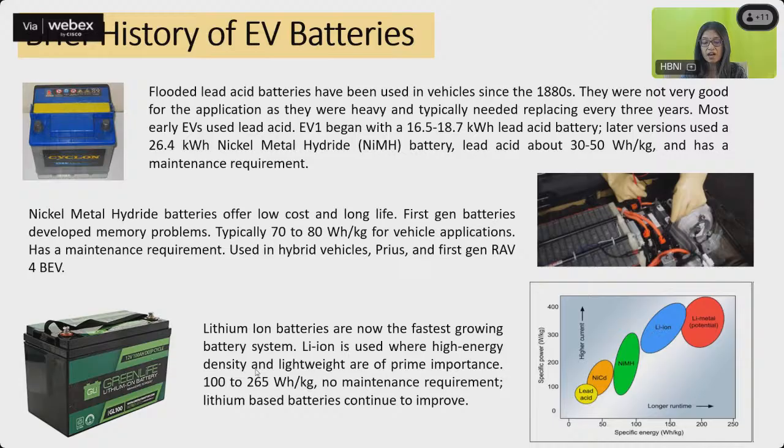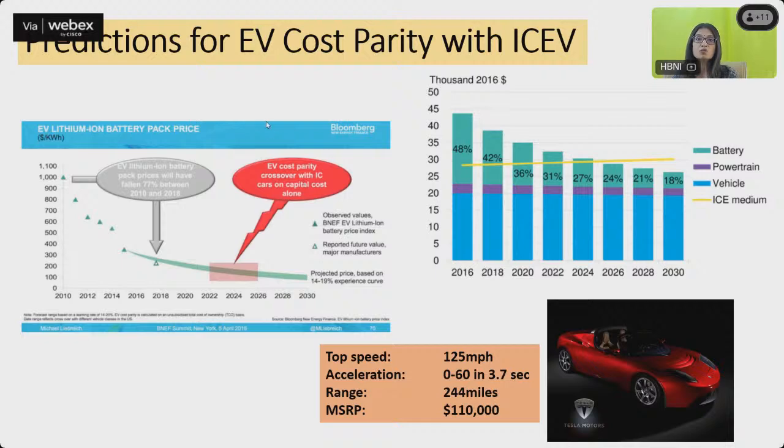And we are now hovering near the 200 watt hour per kg level, up to 265 watt hour per kg. Lithium-based batteries also have no maintenance requirements compared to the others, and they are continuing to improve. You also see the cost parity happening compared to internal combustion engine based vehicles.